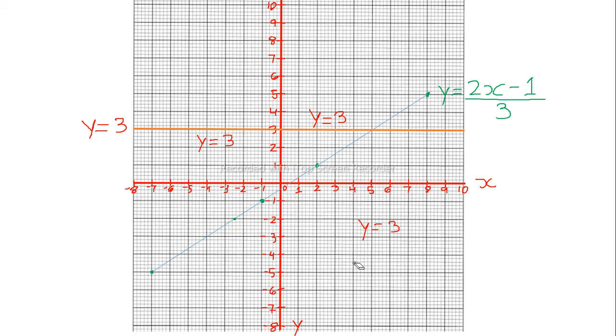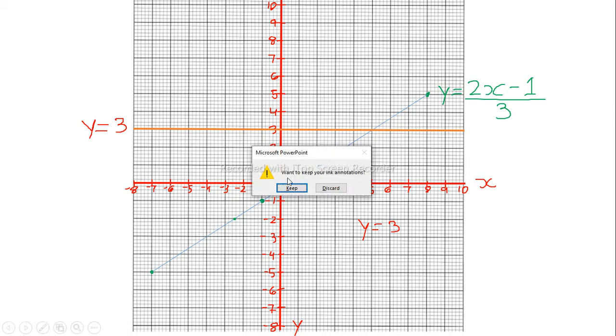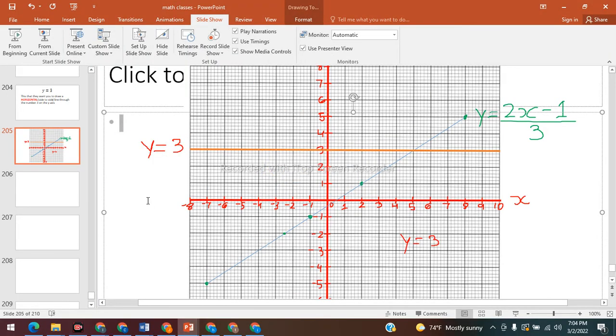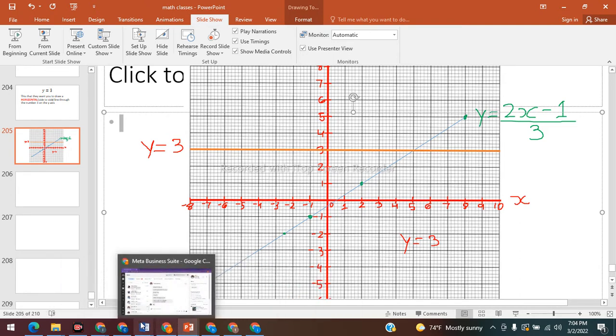Then go back on the question, please. Okay, no problem. So we only need one labeling. That's important. One label. This is the line that we draw, the line y is equal to 3. So someone asked me to go back to the question.